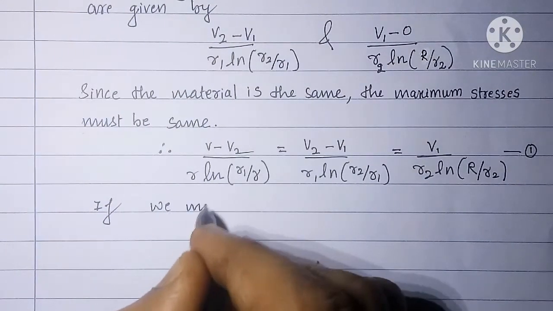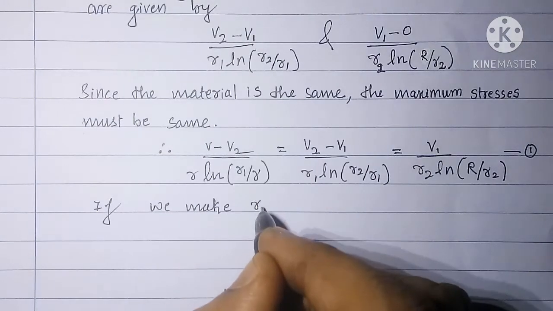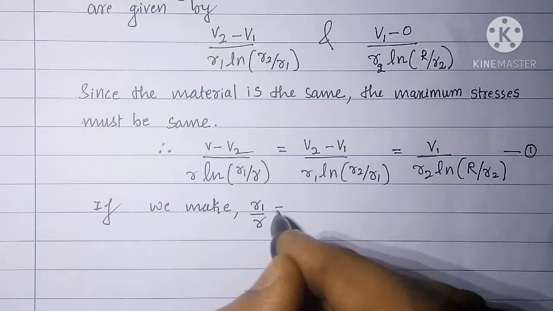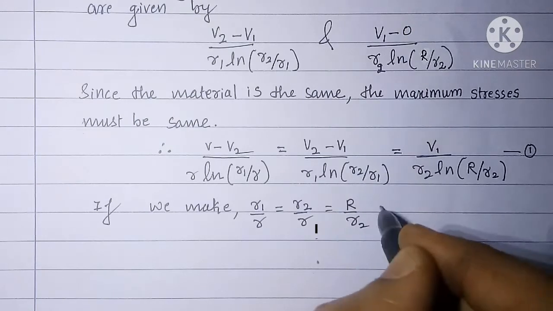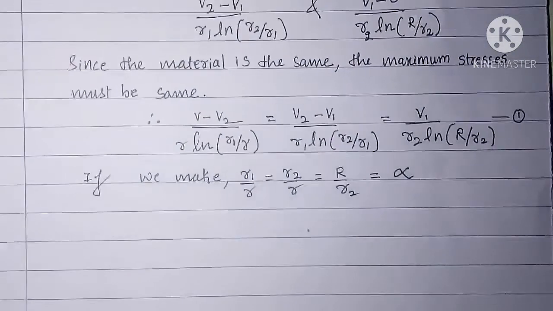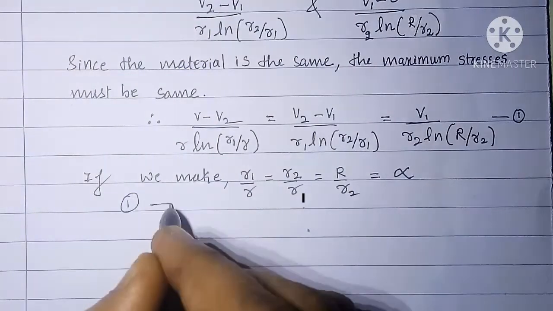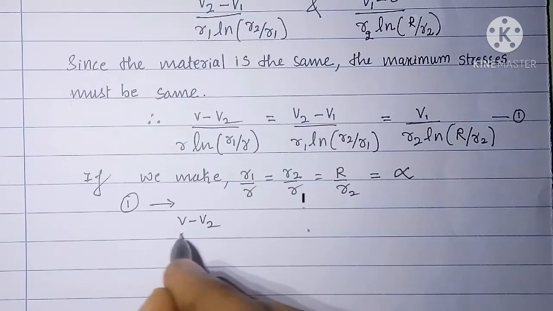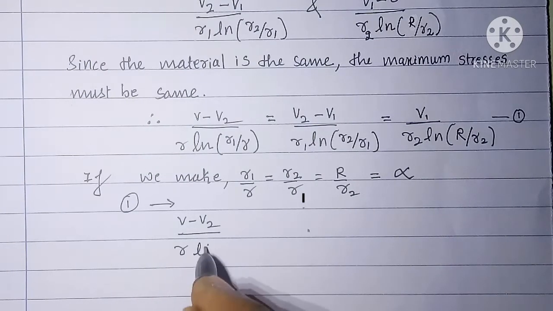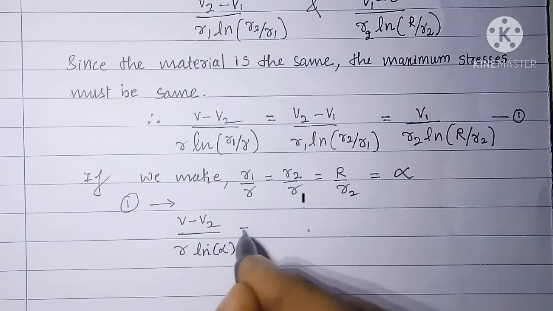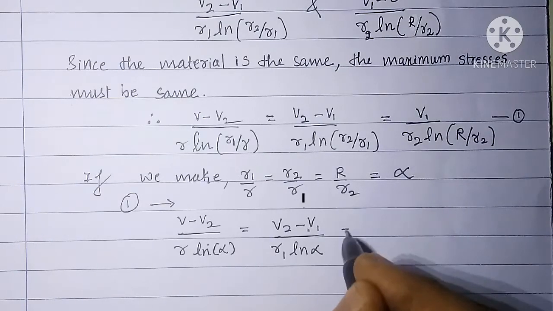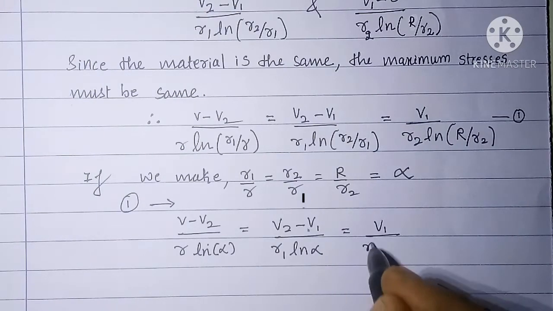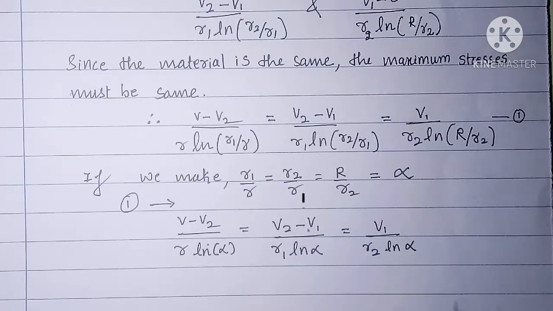If we make the ratios R1 by R equal to R2 by R1 equal to capital R by R2 equal to alpha, then equation 1 becomes V minus V2 upon R ln of alpha equal to V2 minus V1 upon R1 ln of alpha, that is equal to V1 upon R2 ln of alpha.